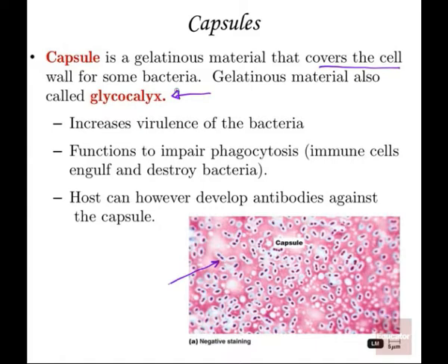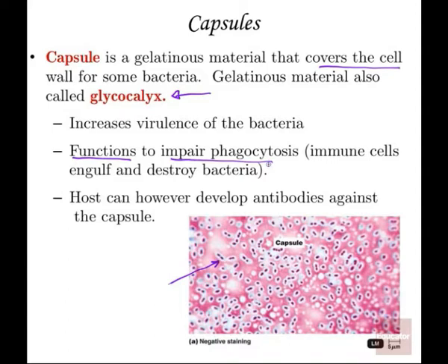They increase the virulence of the bacteria. They increase the capacity of the bacteria to cause disease. How does it do that? Well, just from this picture alone, you can see that these capsules provide another layer of protection. So the capsules also function to impair phagocytosis.